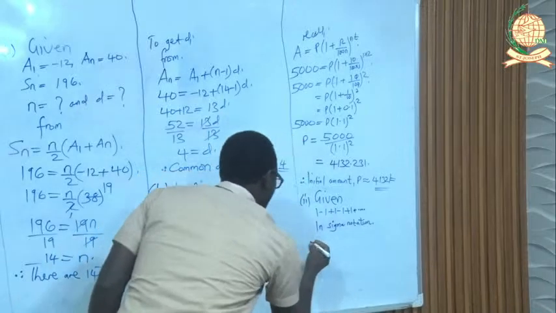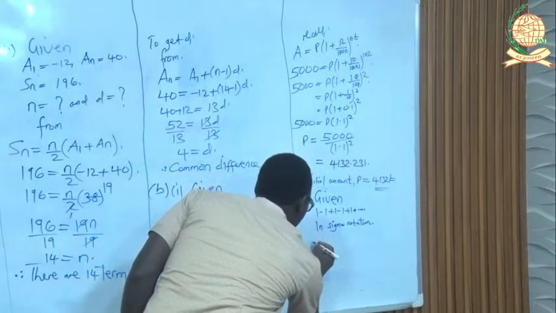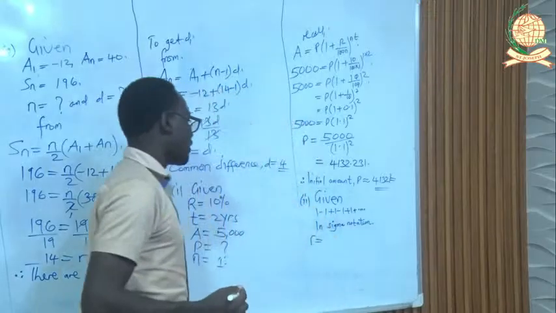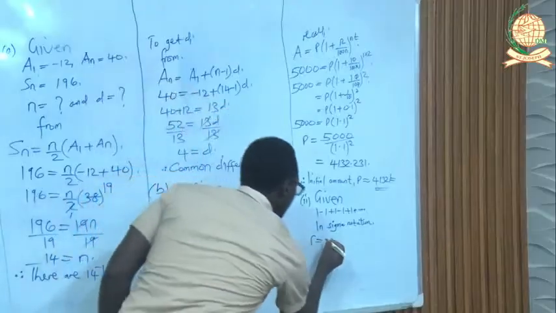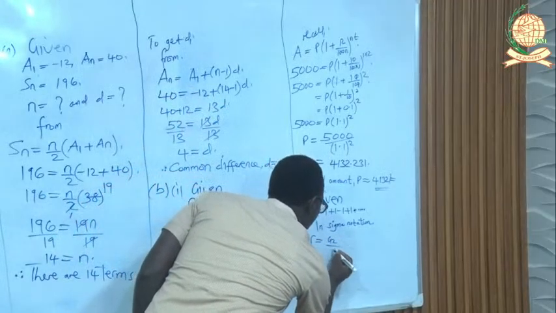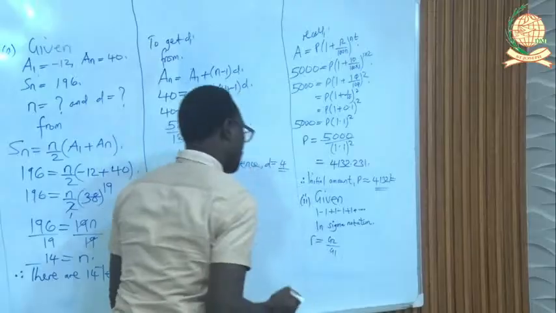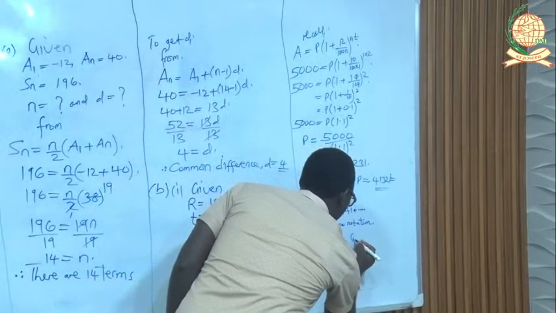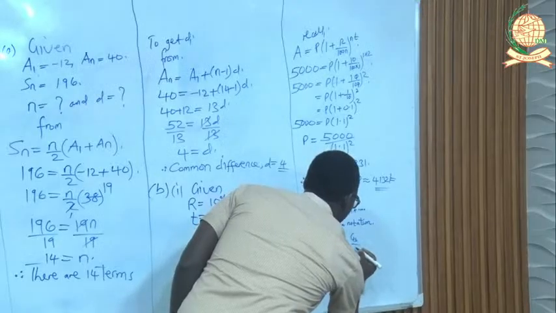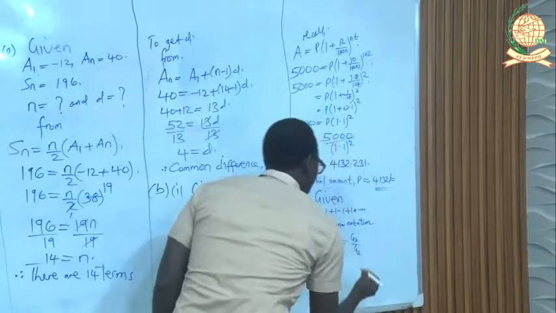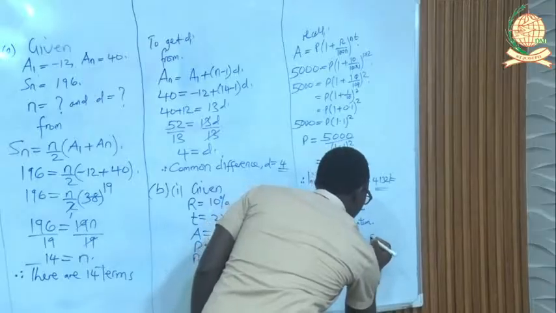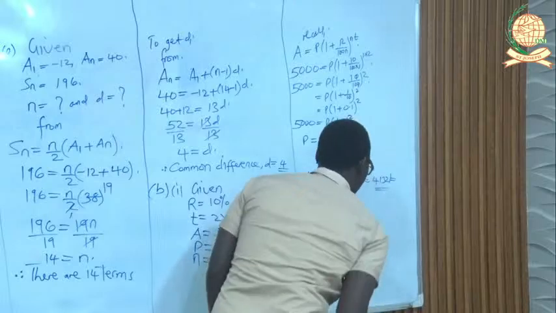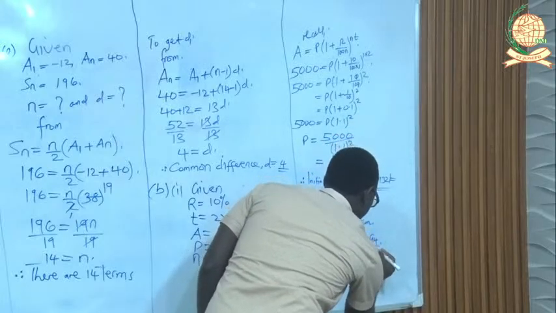Now let's start to check for R. R is given by taking the second term divided by the first term, which will be the same as the third term over the second term, the same as the fourth term over the third term.